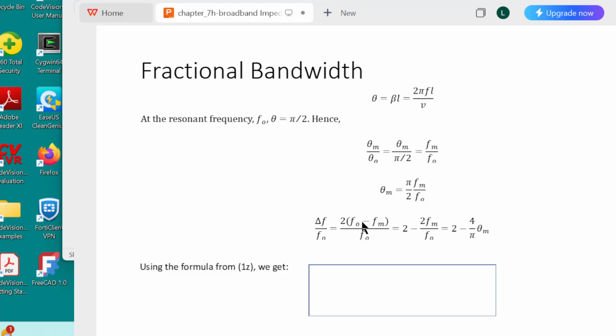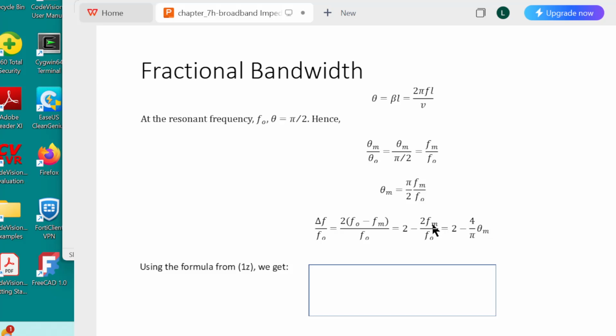The delta F is equal to F0 minus Fm. Fm is one of the corner frequencies, and we just get the difference and then multiply by 2, and this is delta F.